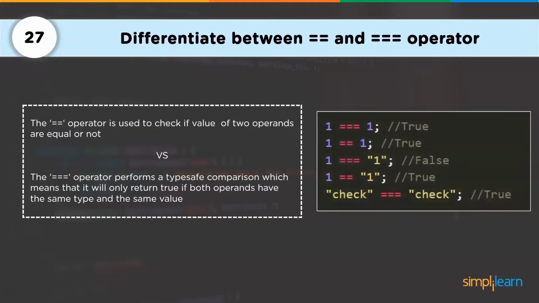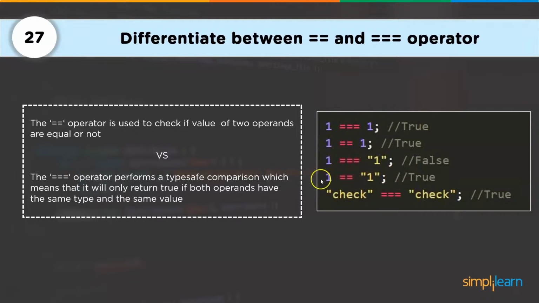So you can understand this more with this piece of code. Suppose in this case, since they both are equal, it will return true, while in this case they both have the same type, hence it will return true. Now let us check this equals to.